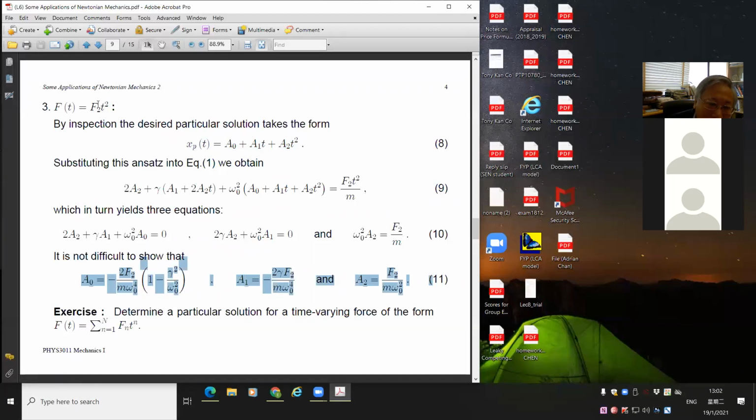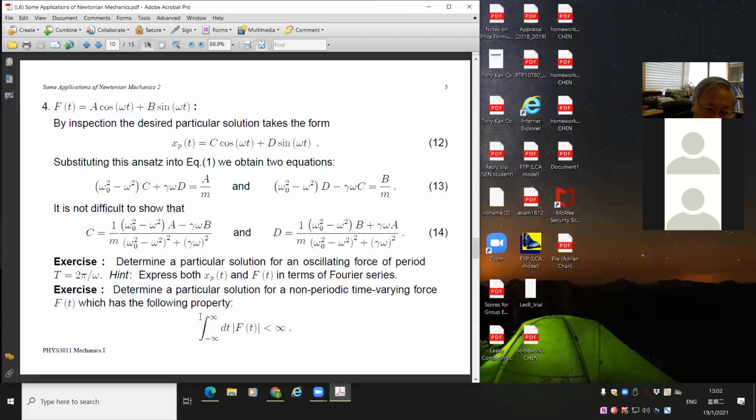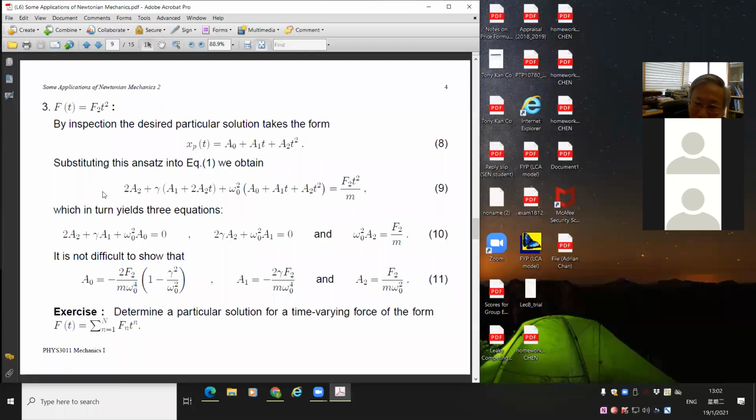For f(t) linear in t, you have this solution, for a0 and a1 given by 7. All right, and so on and so forth. For t cubed, you do it again. t^4, do it again. t^5, do it again, up to t^10. All right. So you have 10 solutions with you all the time, right?